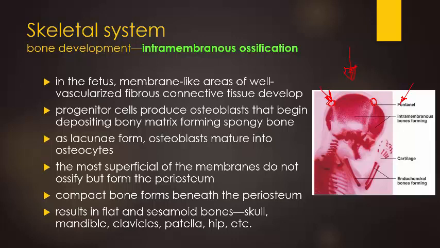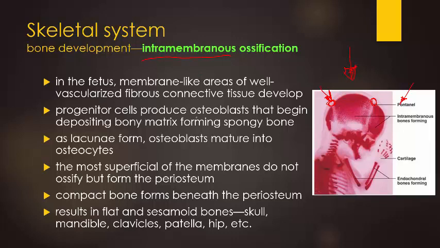Here's how intramembranous ossification occurs. In the fetus, these membranous connective tissues develop. They're well vascularized, so there's a lot of blood supply to them. Within those membranes, progenitor cells that are going to produce osteoblasts divide.